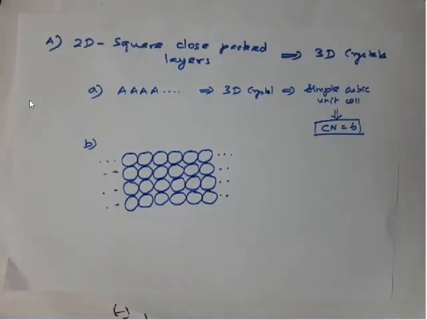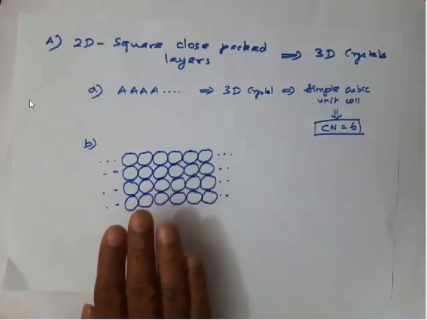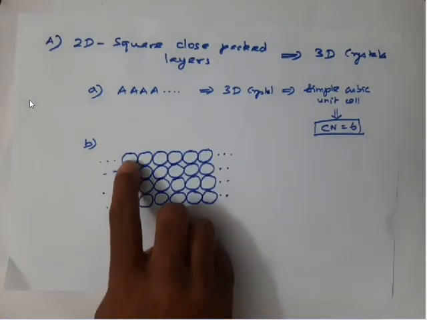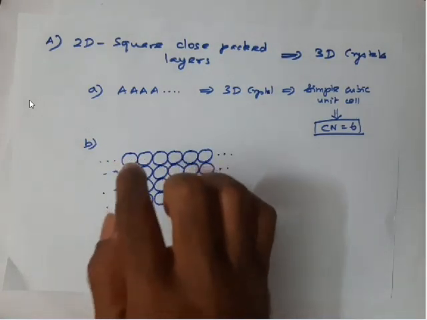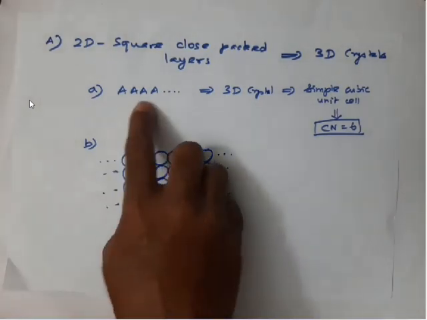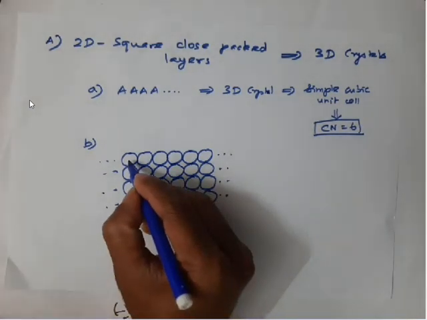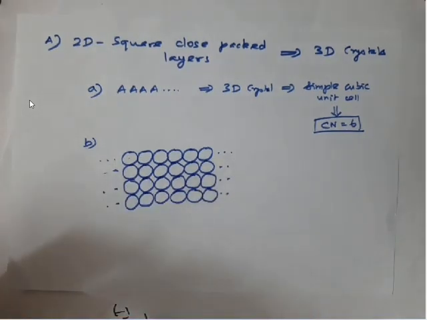Now listen, in this arrangement I have told you, if you place another layer over this, and the top layer atom exactly eclipses the bottom layer atom, then you will get an AAA type arrangement. For that, you have to place the top atom exactly on the bottom atom, which is a less stable arrangement, I have told you.